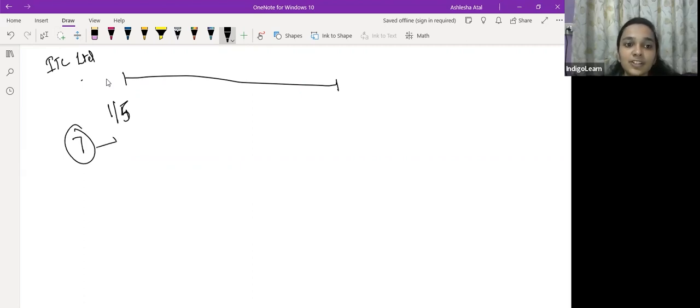Now on 1st of May क्या हो गया, ये member जो 7 थे वो 7 से कम होके हो गए 5. On 1st of May, the number of members have gone below the minimum requirement. 1st of May को क्या हुआ, जो minimum requirement था number of members का, it has gone below. The number of members have gone below the minimum requirement.